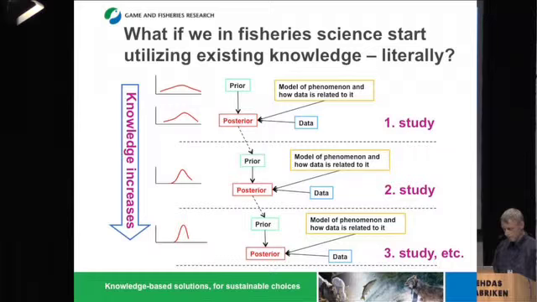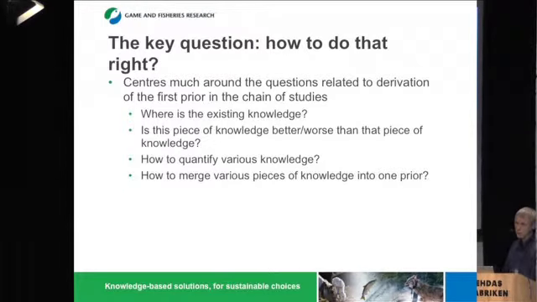However, as the Bayesian approach has only recently been implemented widely, we are often in the situation of the first study. We have a lot of background information which is not really put into the formal context of Bayesian inference. The key question often is how to do this correctly, how to compile this rapidly accumulating knowledge so that we start this chain of studies correctly.